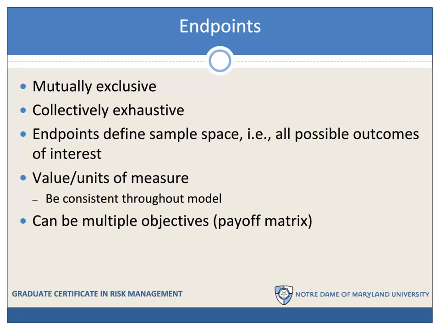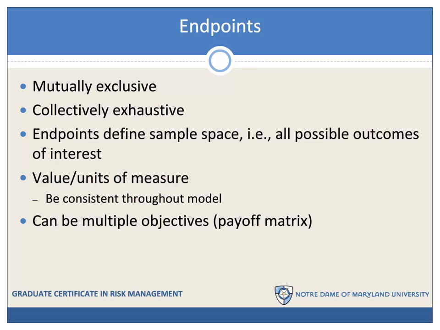Endpoints define the sample space in your problem. That is, all the possible outcomes of interest. So they must be mutually exclusive. If we are looking at the model and considering one example, there should be only one endpoint that you would arrive at. And they have to be collectively exhaustive. They have to include every possible ending.